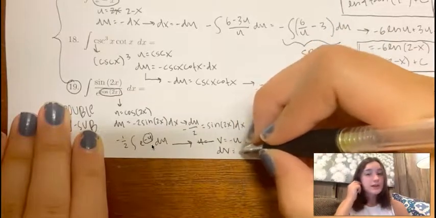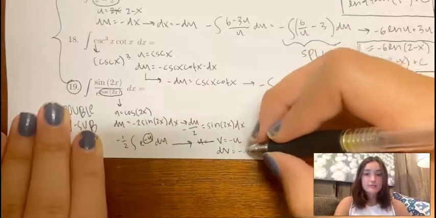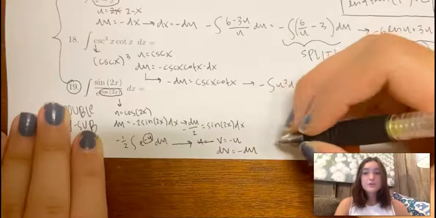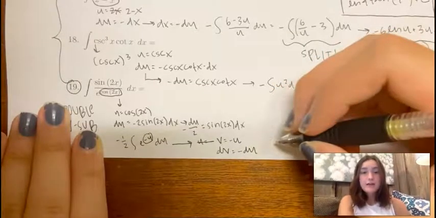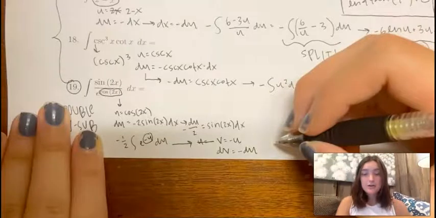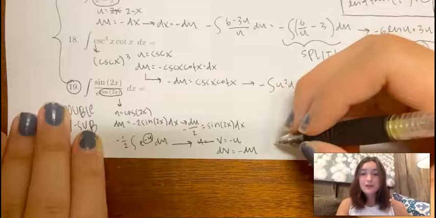So, let me clarify. We're doing a double u sub, and because we're doing the u sub a second time, we don't want to get the u's from our second u sub confused with the ones from our first one. So instead of using u and du, this second time I'm just going to use v and dv. That might be a little confusing if your u's look like v's.